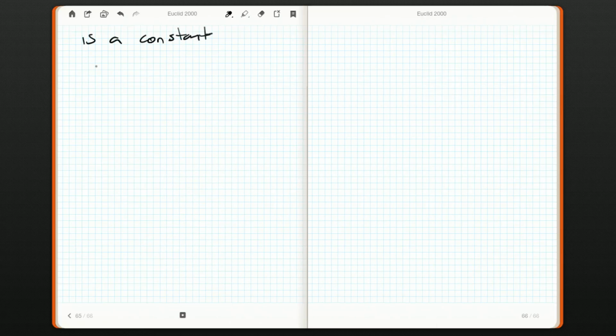Okay, and now we're going to have to use the angle sum formulas.